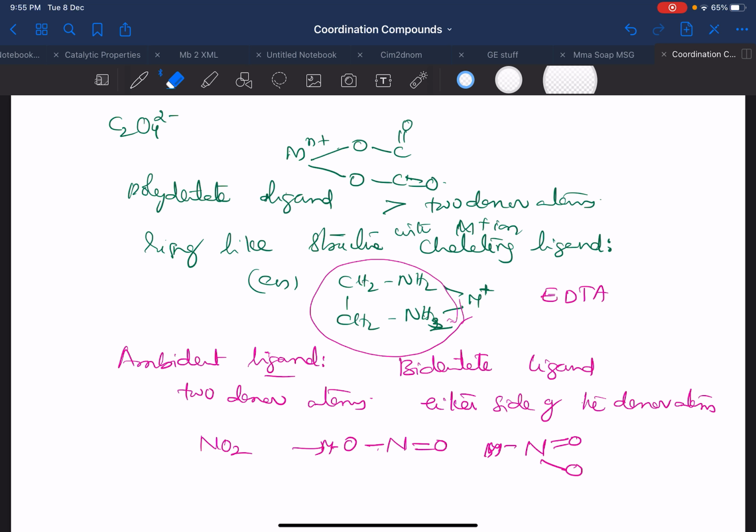The NO2 group is called nitrito. If it is attached with oxygen to the central metal atom, it is nitrito-O. If it is attached with the nitrogen, it is called nitrito-N.